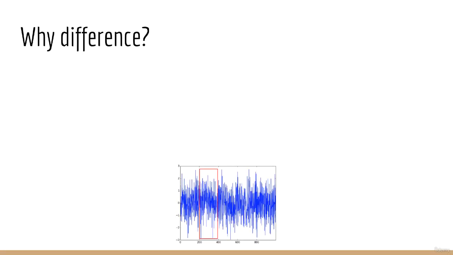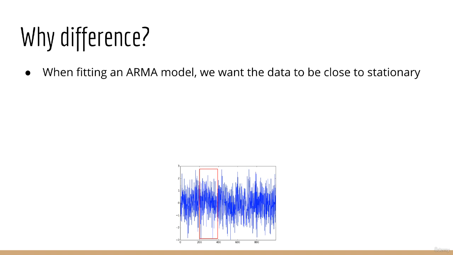So why do we want to difference our time series? The reason for this is, when we use ARMA models, that is, autoregressive moving average models, we want the time series we use the model on to be close to stationary. Now, what does stationary mean again? At a high level, it means that the distribution of your signal does not change over time.